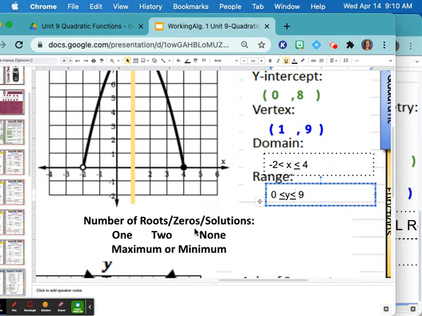Number of roots, solutions. How many times does it cross the x-axis or touch the x-axis? It looks like 2, right? But is this included? It's not included because it's an open circle. So we cannot include that as our zeros. So the only one we have is this one right here. This is our only zero.